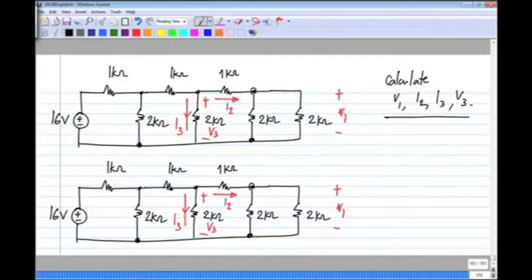In addition to this, let me say I have a current source of value 5 milliamps. Okay, and then you can solve for this one. Again with this, calculate the same things.